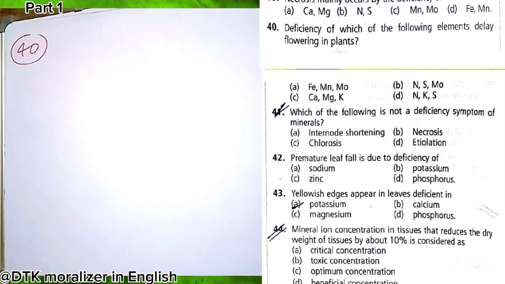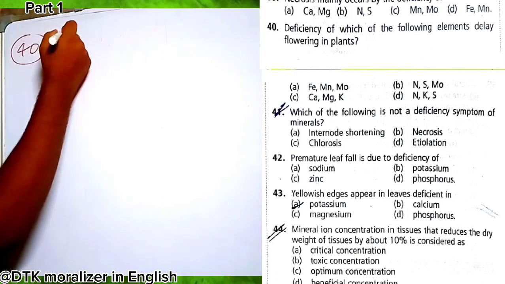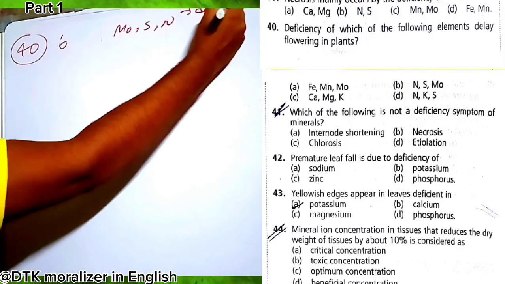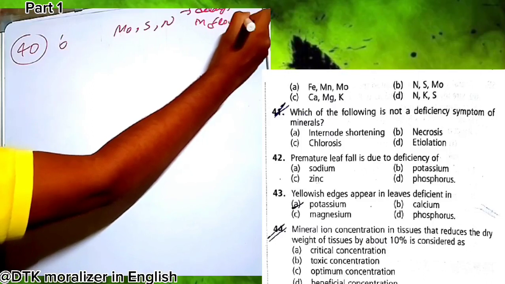Here for late flowering, option B: molybdenum, sulfur, nitrogen.